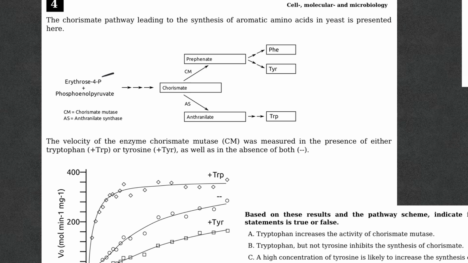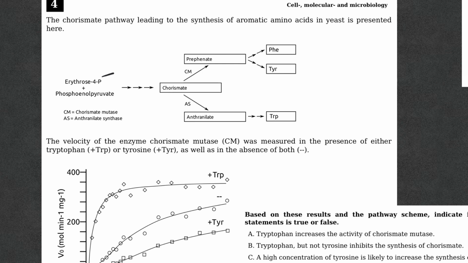Now, further, prephenate can be converted to phenylalanine, an amino acid, or tyrosine, another amino acid. We are working on a problem that talks about synthesis of aromatic amino acids. Anthranilate similarly can be used to synthesize tryptophan. Okay, so this is the pathway.